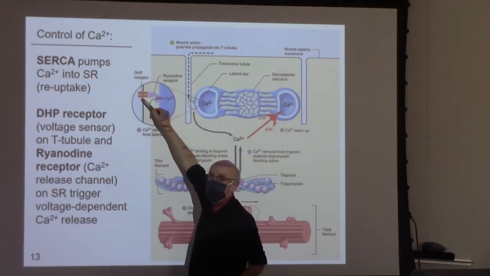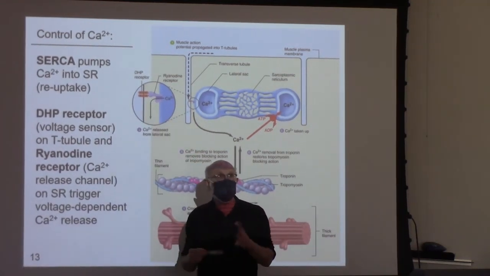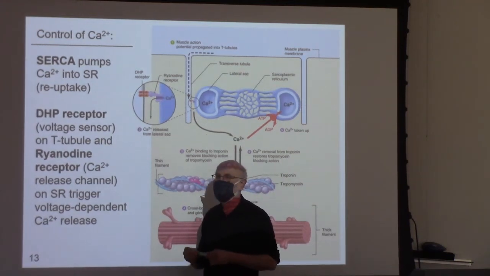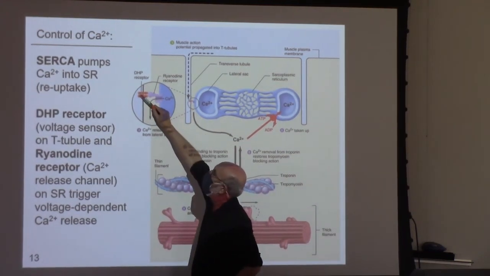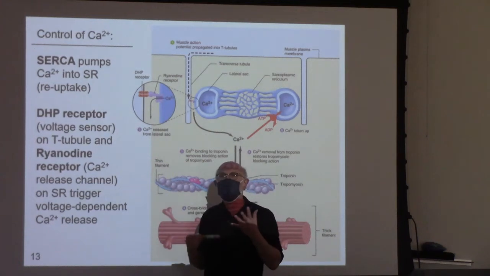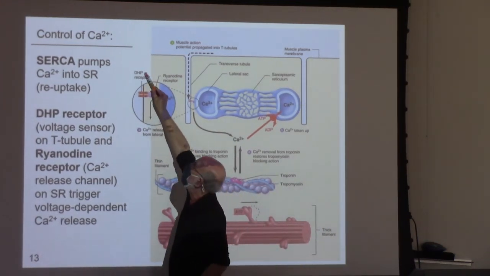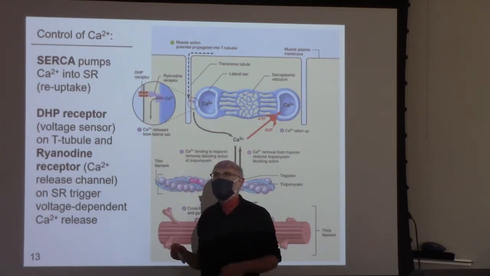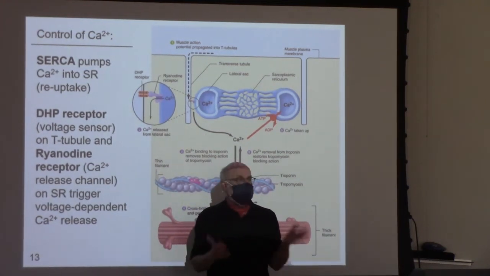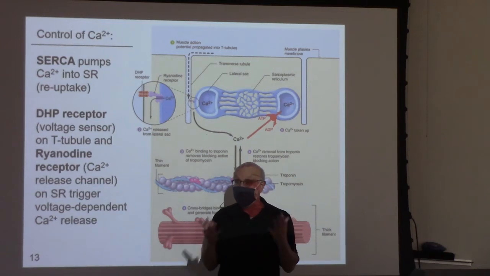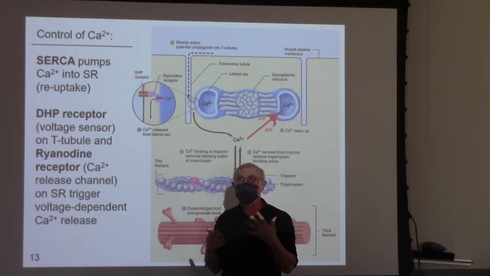In the membrane of the T tubule, in addition to voltage-gated sodium channels, there is a protein I call the voltage sensor. Your book calls it the dihydropyridine receptor. The voltage sensor is a physiological name, because that's what it does. It senses the voltage change by the action potential.